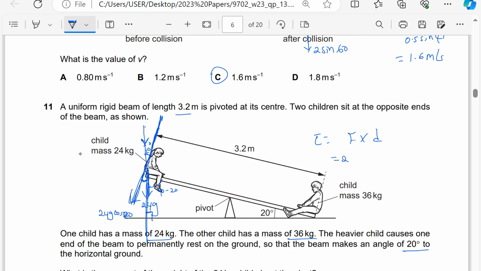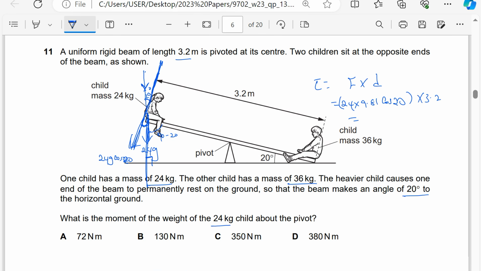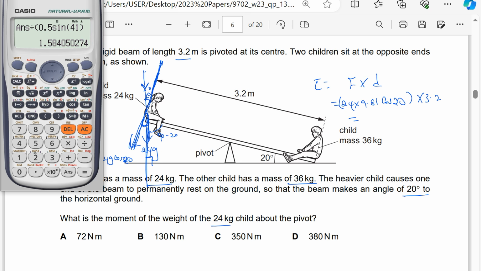The force is going to be 24 times G, which is 9.81, cos of 20, then times the perpendicular distance, which is now going to be 3.2. So this is going to be 24 times 9.81 cos of 20 times the perpendicular distance, 3.2 meters.